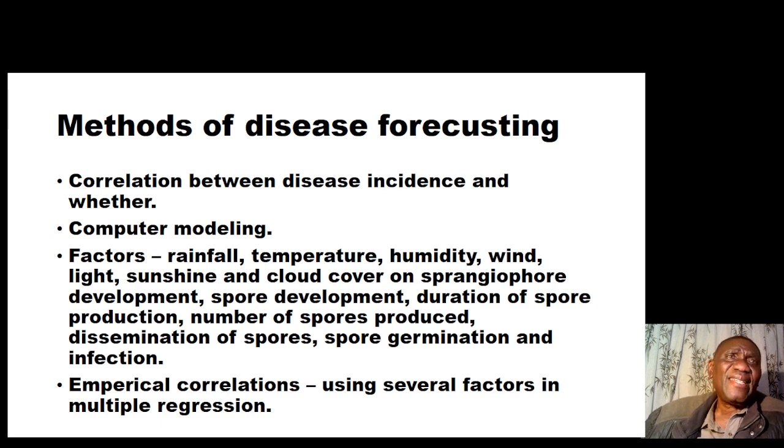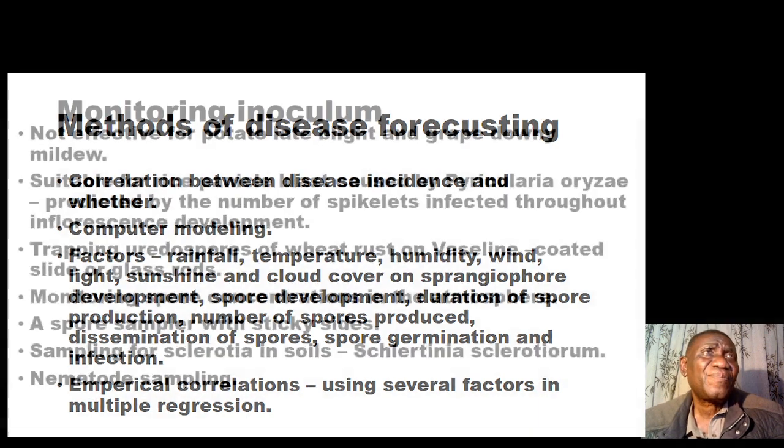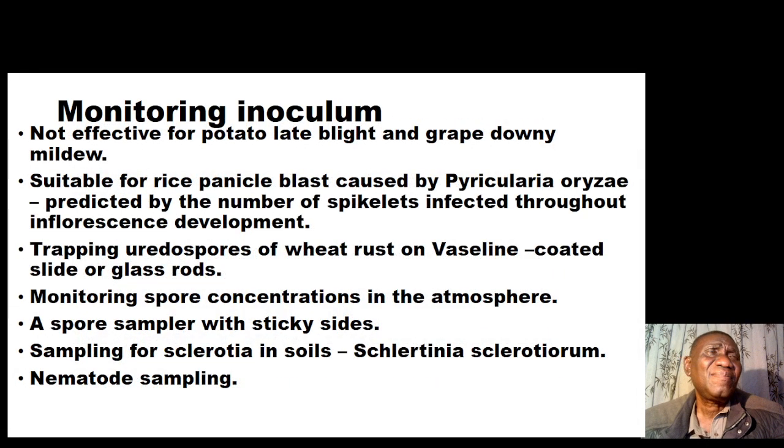Empirical correlations using several factors in multiple regression, so that we can actually predict the occurrence of the disease. Monitoring inoculum is not effective for potato red blight and grape downy mildew.